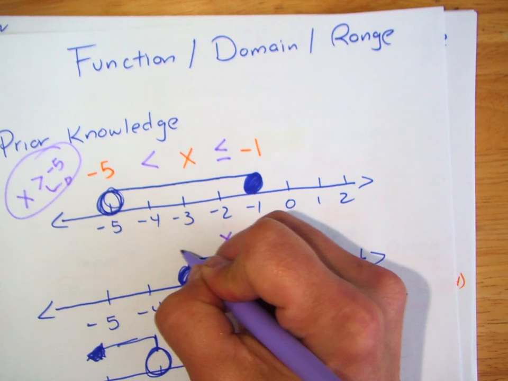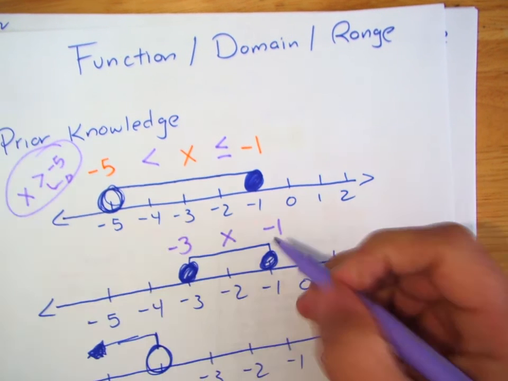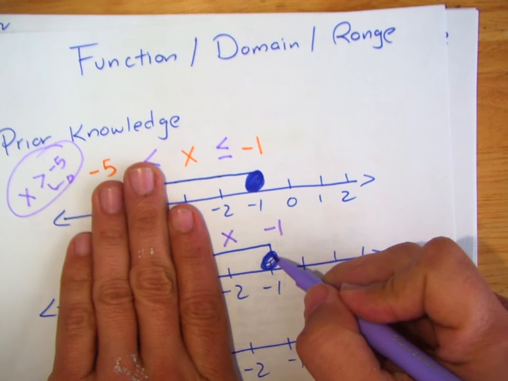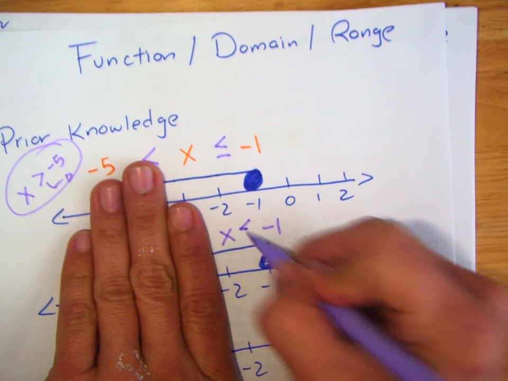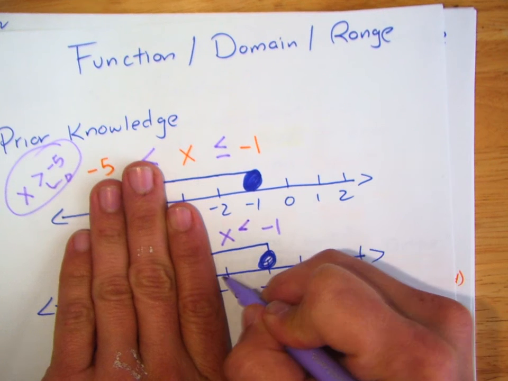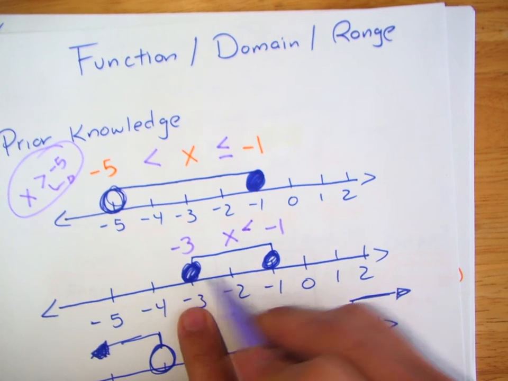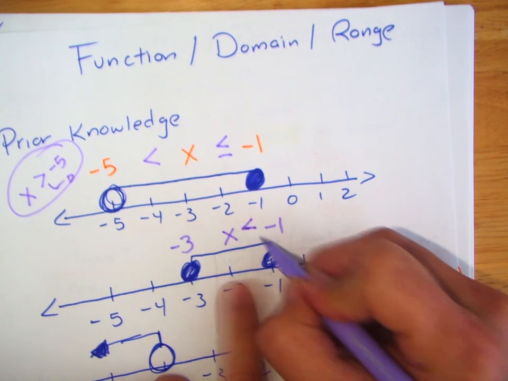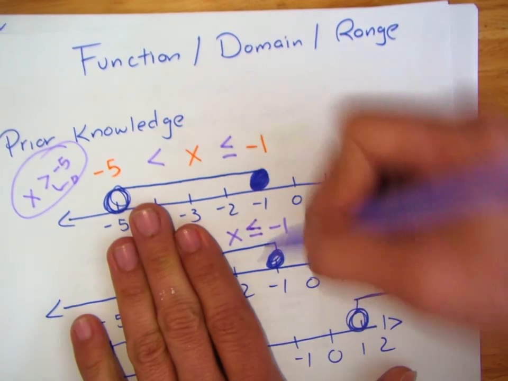-1. All right, so let's try this one. So x, I'm going to cover this, is smaller, right? All these numbers are smaller because the line includes -2, -3, so they're smaller and equal to -1. So that's this component.